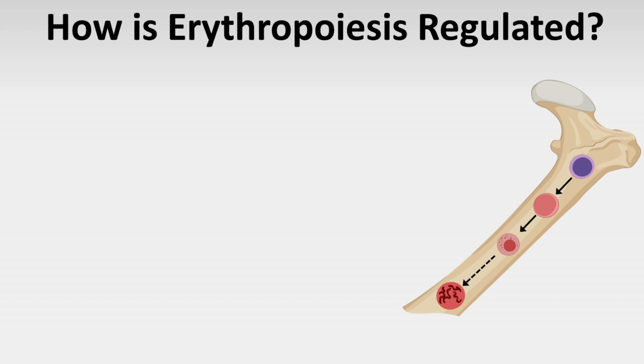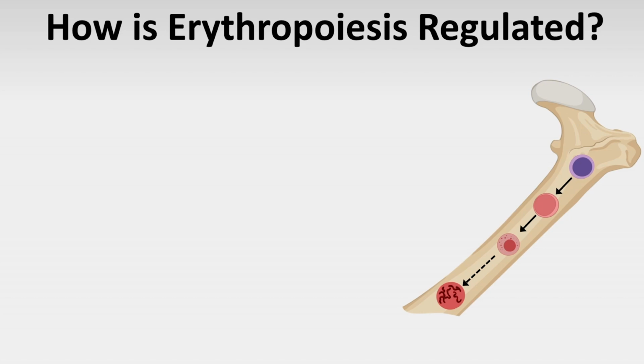Likewise, for erythropoiesis, there's always a need to make sure that the RBC production is maintained at a sweet spot, such that the oxygen need of the body is always met. So how then is erythropoiesis regulated?